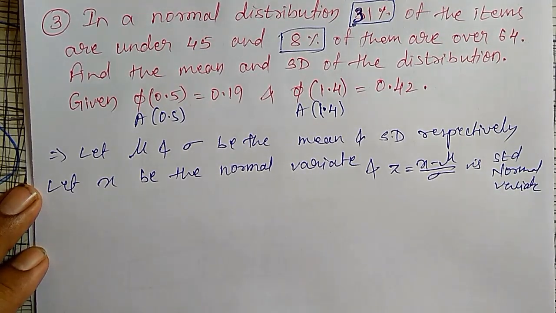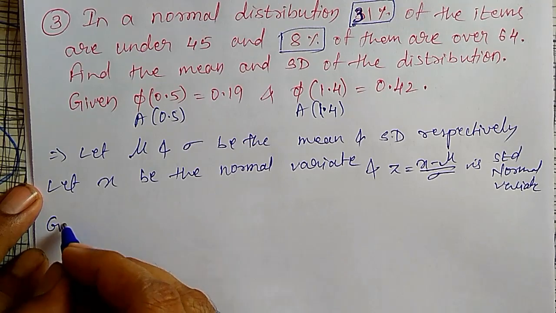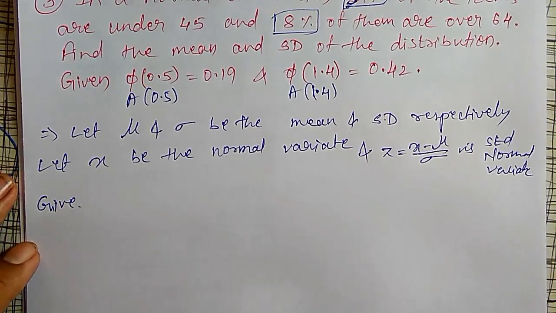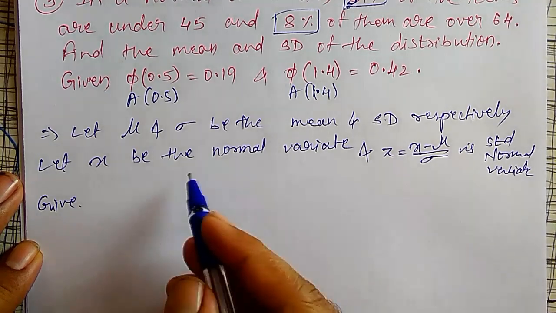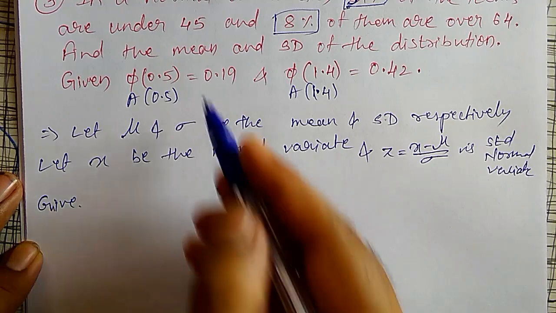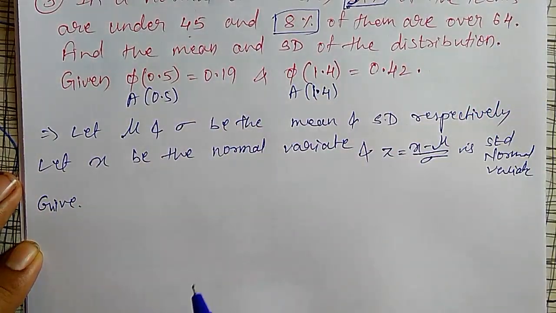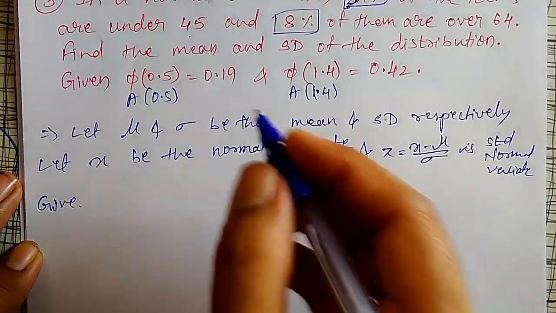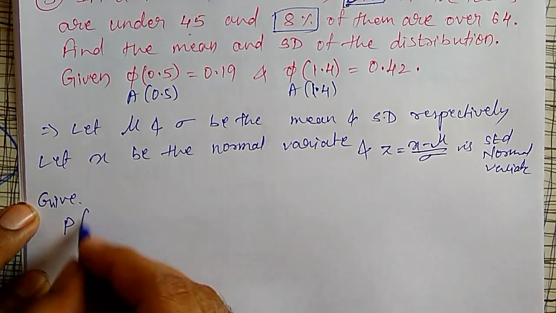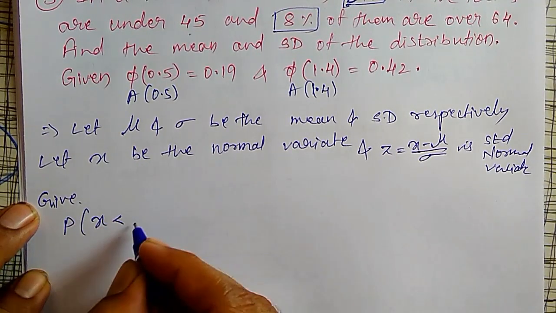Then, what is given in the normal distribution? 31%, where x is a normal variate. What is it representing? Under 45 and over 64. What is given here? The probability of x less than 45.